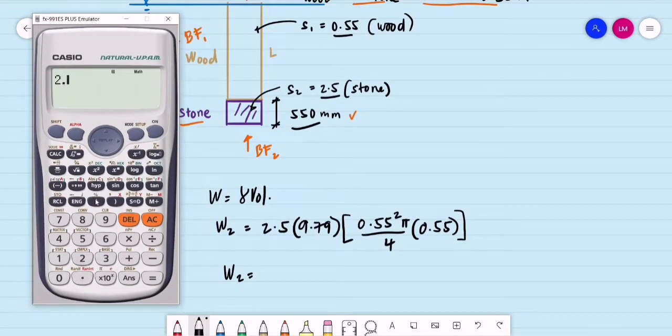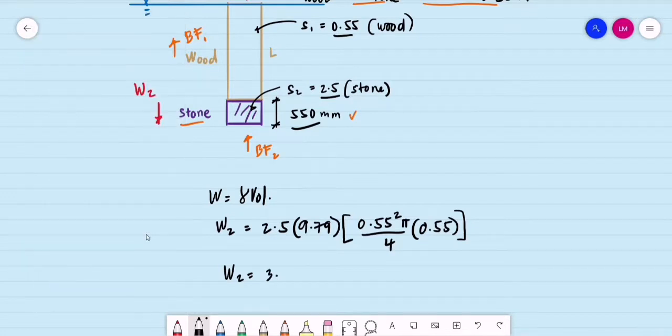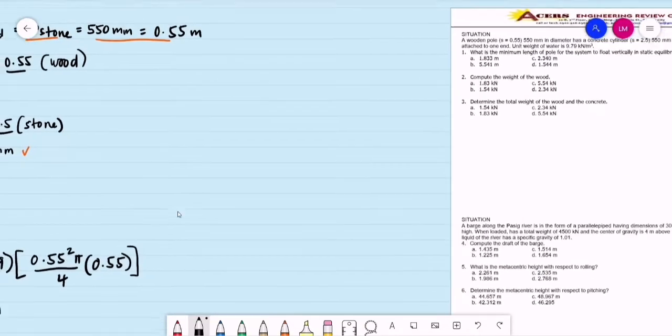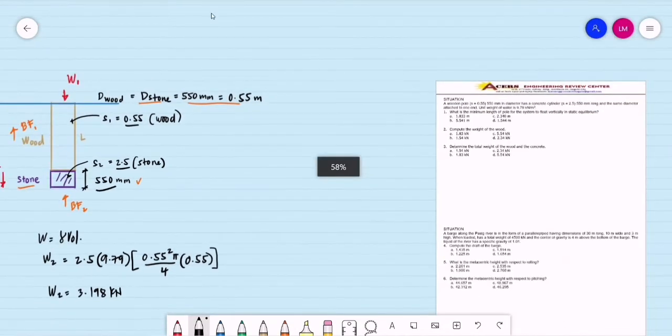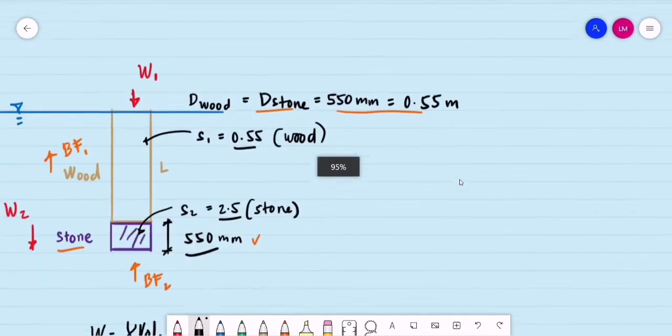Okay, that is 2.5 times 9.79 times 0.55 squared pi, this is divided by 4, then multiplied by 0.55. Okay, that is, let's say, 3.198 kilonewtons. So, hinahanap natin sa number 1 yung length ng wood para maging ganito yung setup.